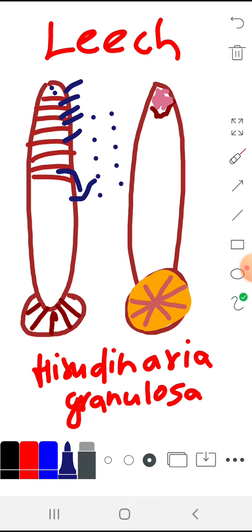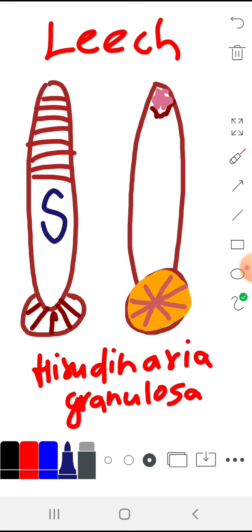Okay, dear students. Next, the important external morphology is about suckers. Suckers, which means what? Yes, it sucks blood. If it sits on your skin, on any part of your body, it will suck your blood.